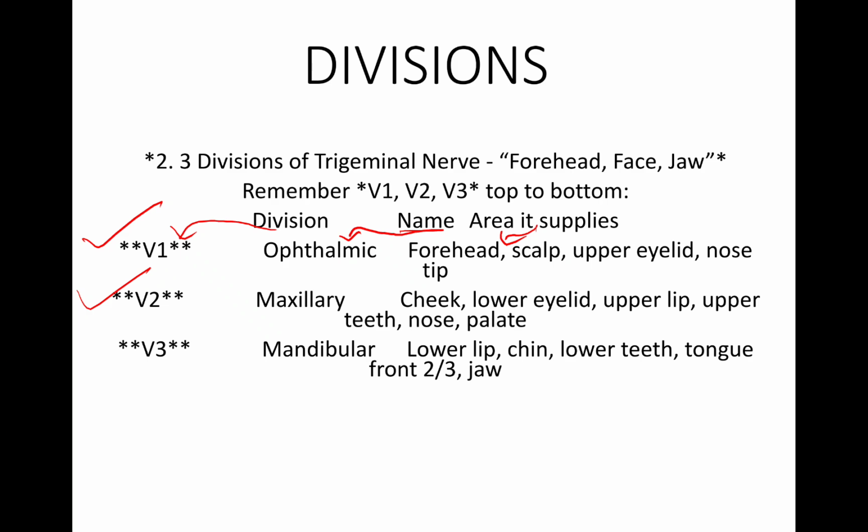It supplies the lower lip, chin, lower teeth, the front two thirds of the tongue, and the jaw. Those are the areas it supplies.